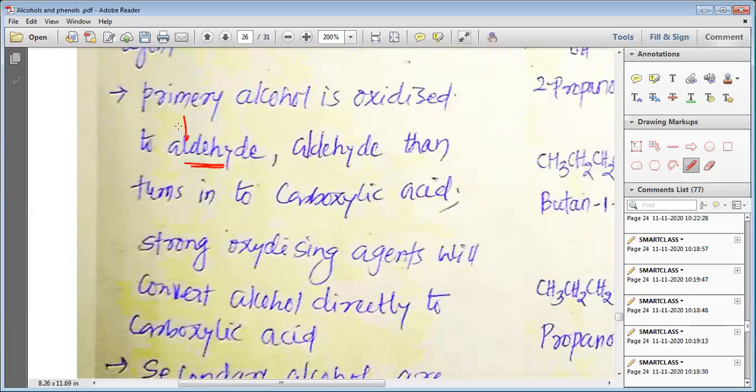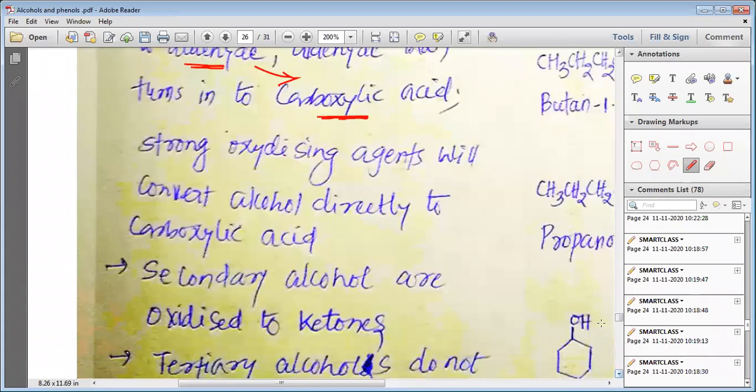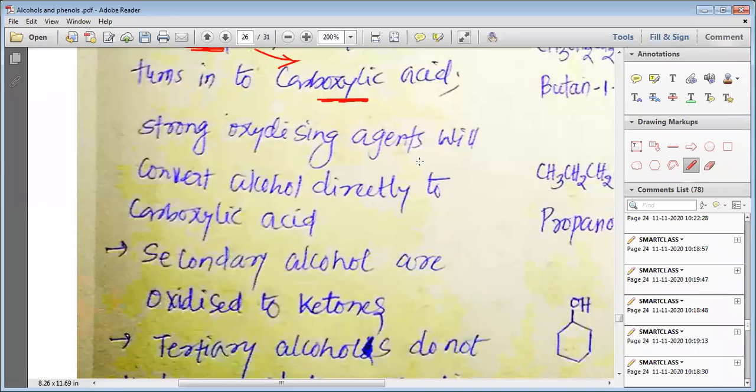Remember, primary alcohol gives us aldehyde, which then turns into carboxylic acid. So if you keep on oxidizing, the aldehyde turns into carboxylic acid. A strong oxidizing agent will convert alcohol directly into carboxylic acid.